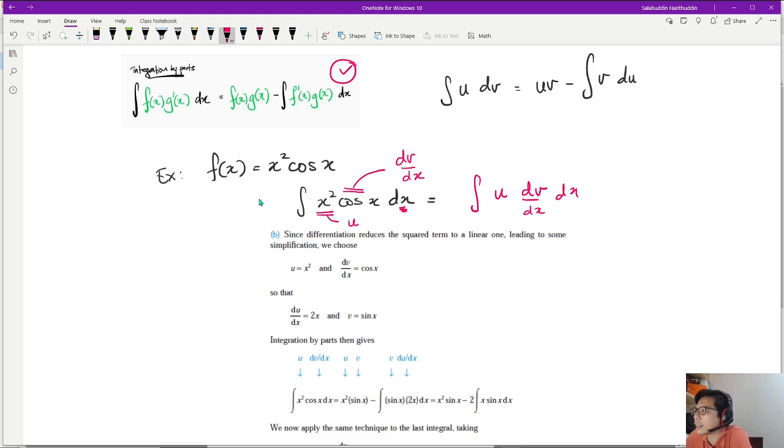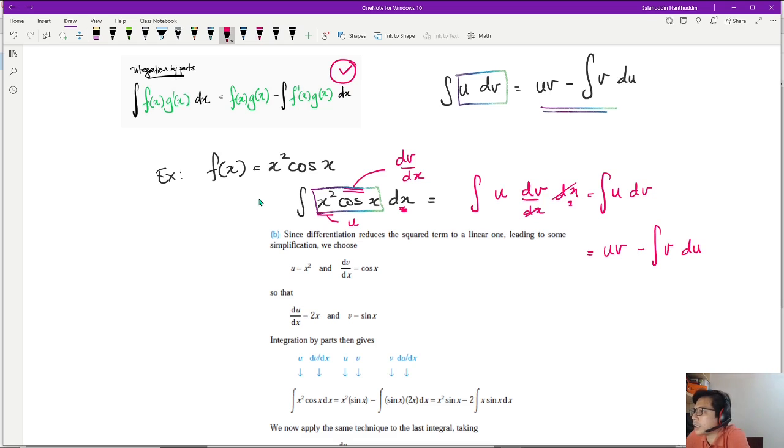So you can simplify to u dv. That's what it's doing: it's transforming this messy function into this form. And then by using this formula, you can see that this is the answer: the integral is uv minus the integral of v du.